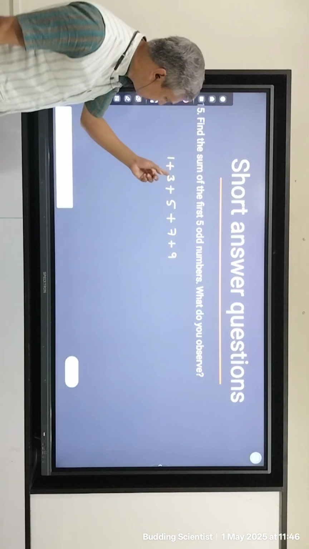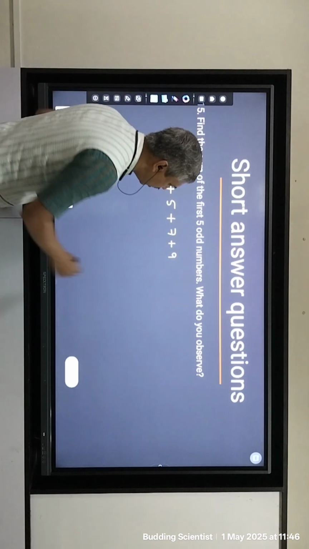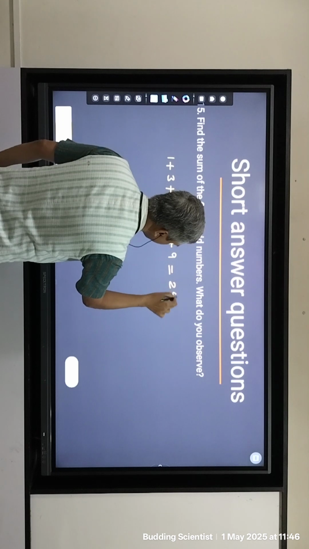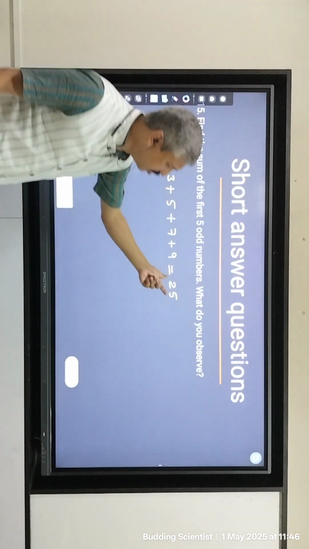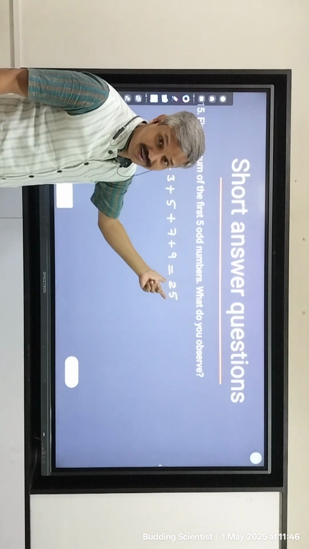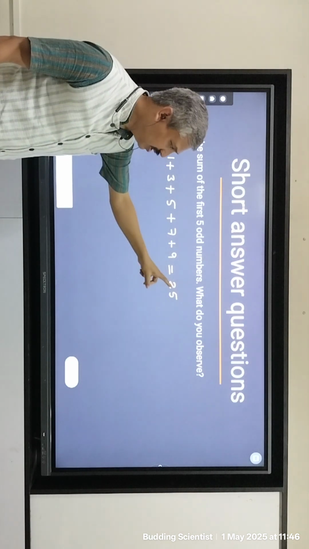And the sum is 1 plus 3 is 4, 4 plus 5 is 9, 9 plus 7 is 16, 16 plus 9 is 25. The sum of first 5 odd numbers is equal to 5 into 5, 5 square. It's very interesting.